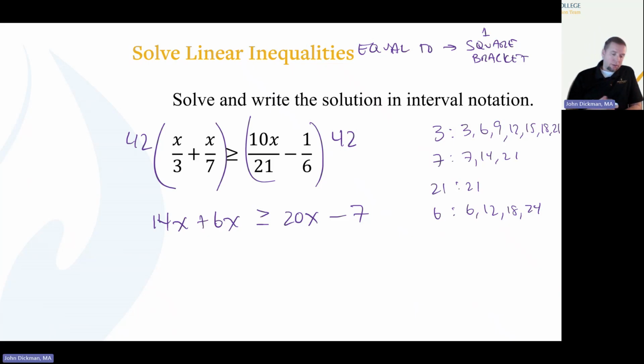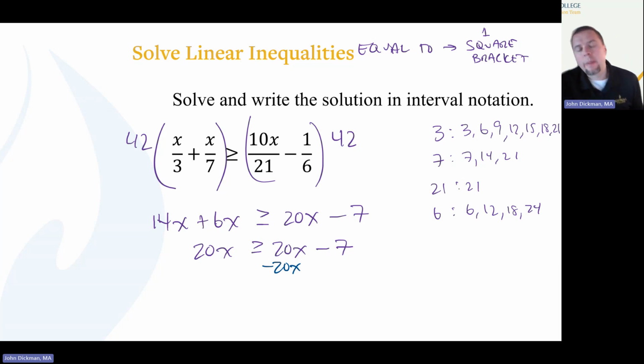So now I have 20x is greater than or equal to 20x minus 7. I try to solve by subtracting 20x from both sides. That gives me 0 is greater than or equal to -7.